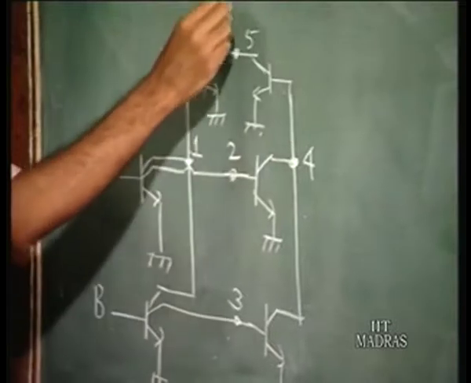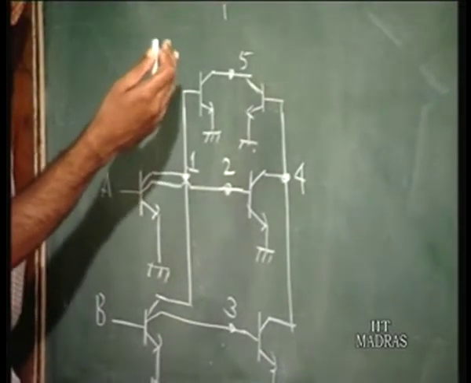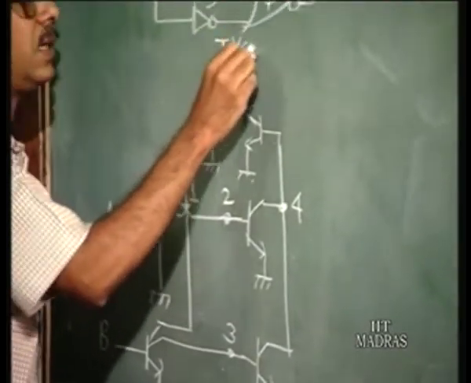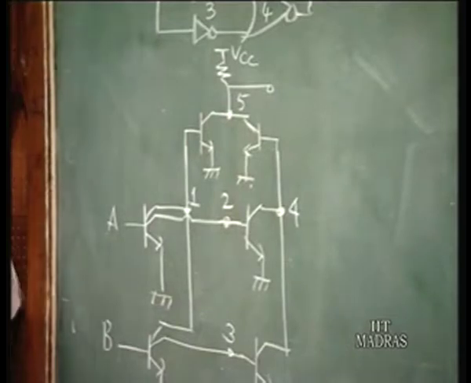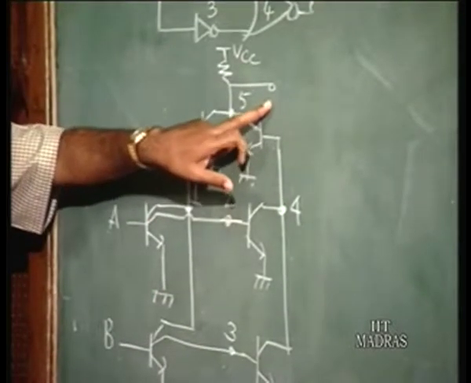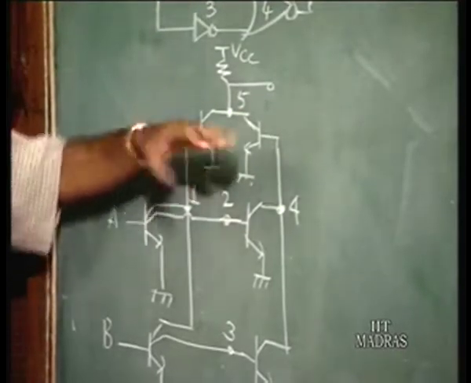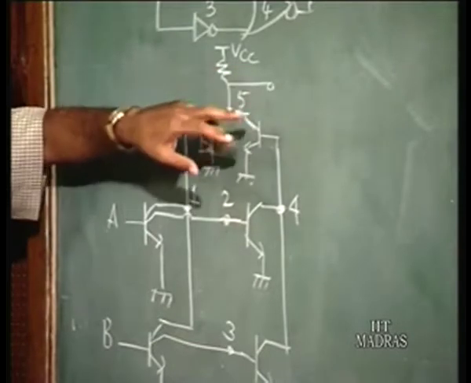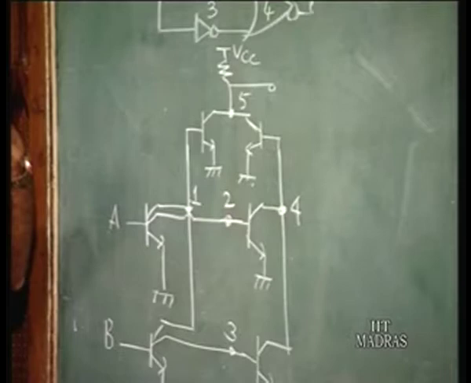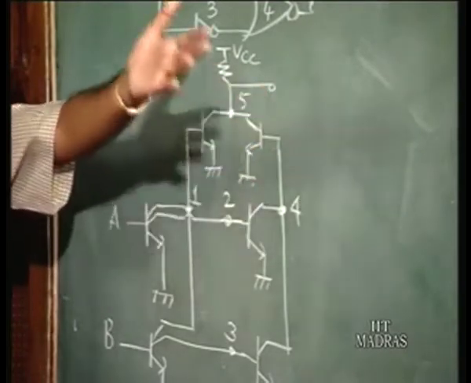If you want TTL levels, you can connect a resistance like this to VCC and take the output out. That means this voltage here is going to be either 0.2 volts or 5 volts, which corresponds to TTL levels. TTL level is considered a standard, so from this output you can feed it directly to a TTL gate.